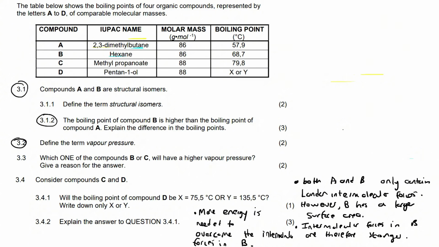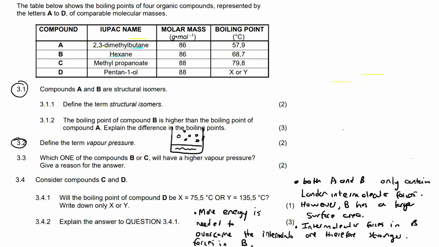This question says, define the term vapor pressure. So vapor pressure, all you need to understand is that if you have a liquid, when it starts to boil or evaporate, it's going to go into the gas phase. And as soon as it's in the gas phase, we call it a vapor, and it will then begin to exert a pressure.